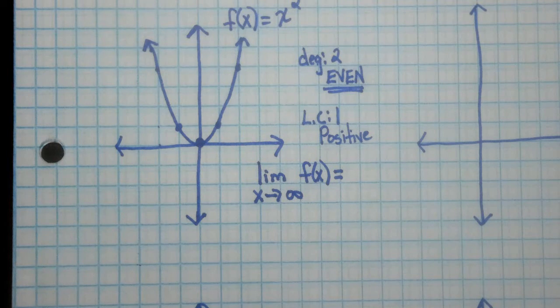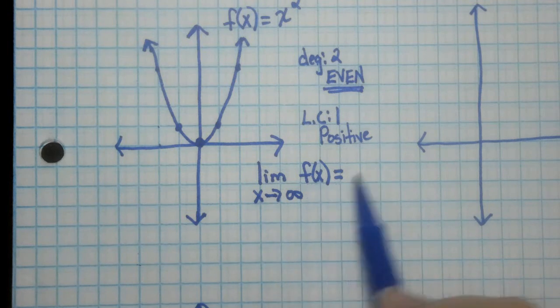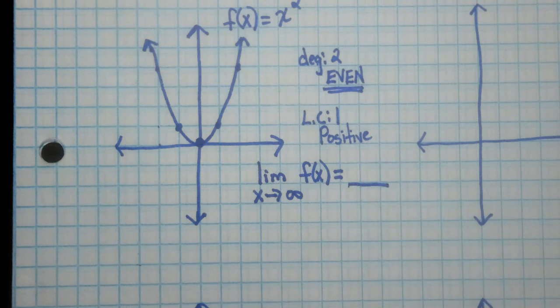So what is this saying? What does it mean? When I read it, I say, the limit as x approaches infinity, so that arrow is the word approaches, of f of x equals blank.